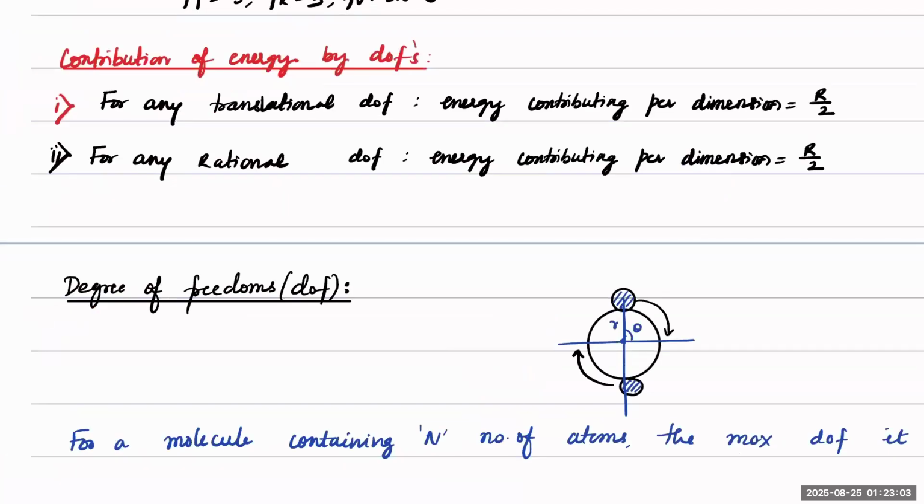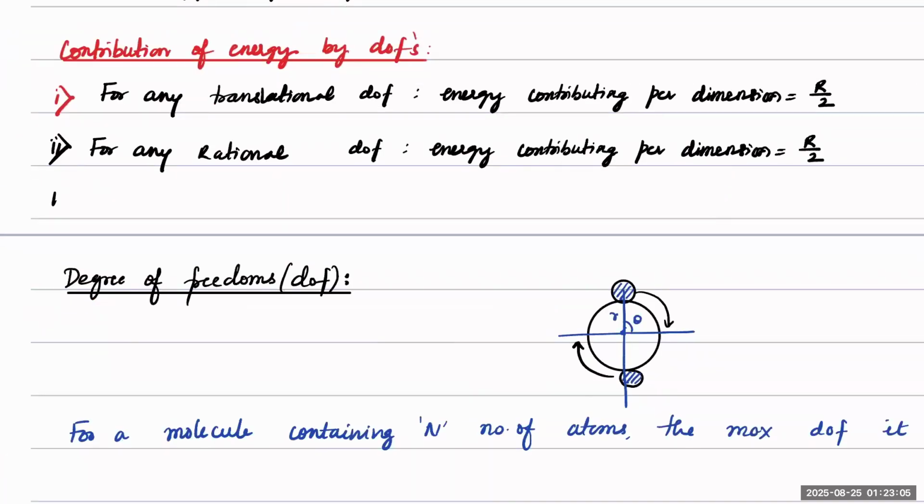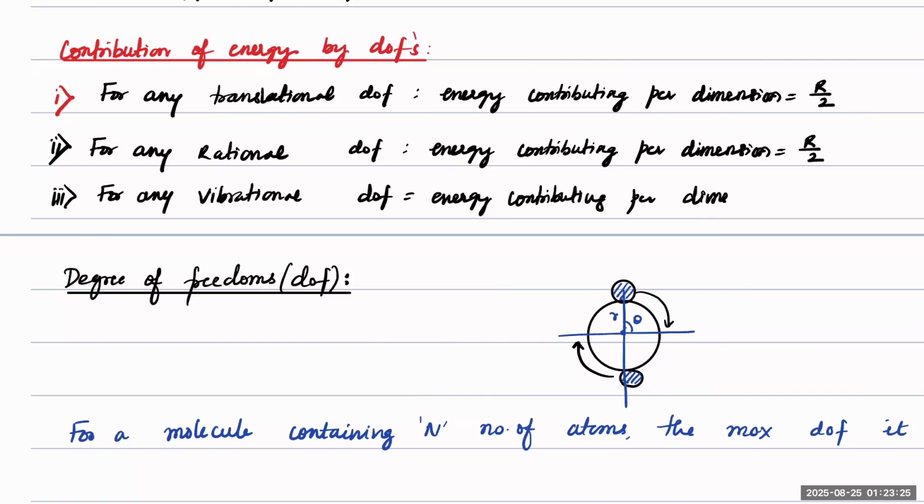But lastly, for any vibrational degree of freedom, the energy contributing per dimension is found to be only R.